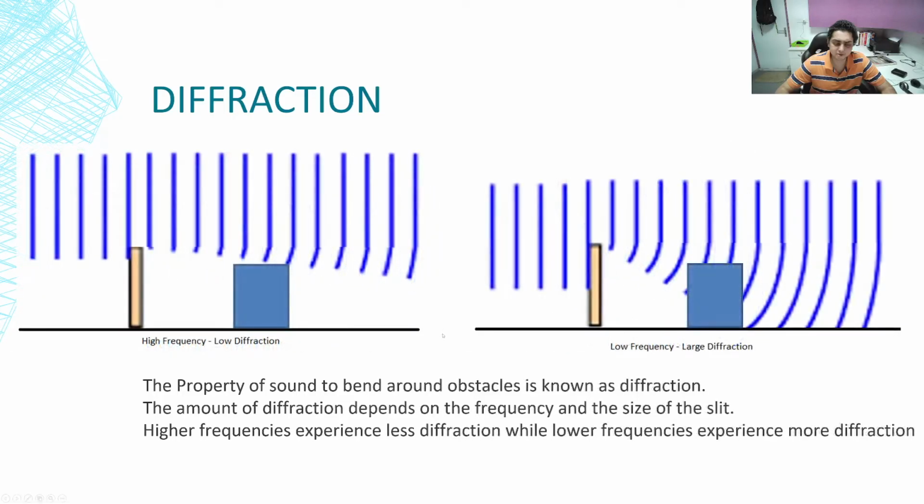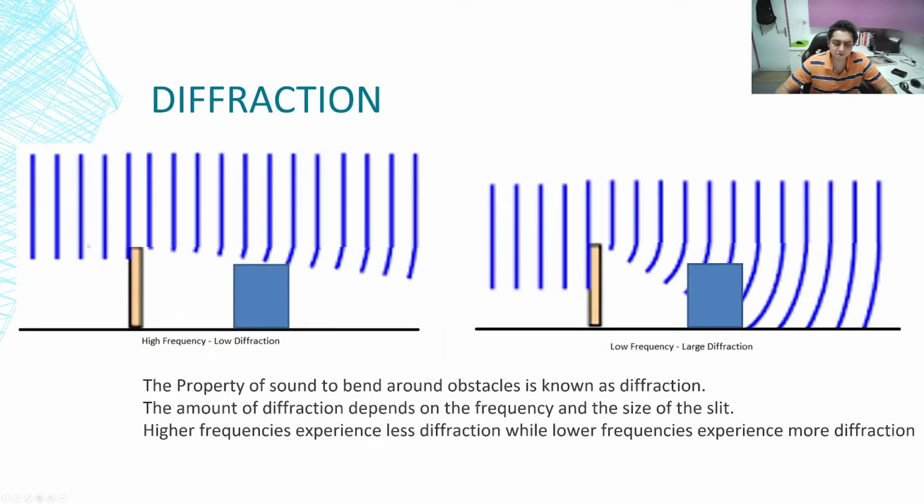Also, diffraction happens around obstacles. Suppose this black line here is the ground, and the blue color block is a building in which people live, and the orange or cream color wall is a barrier.